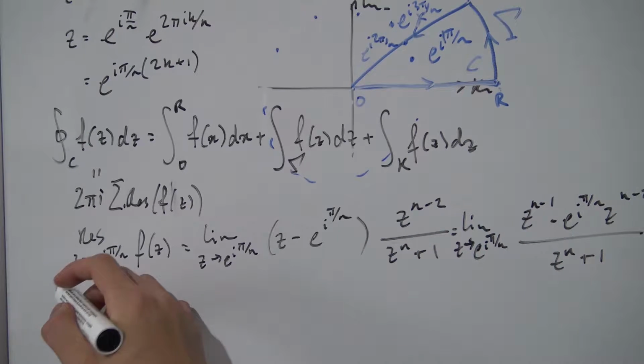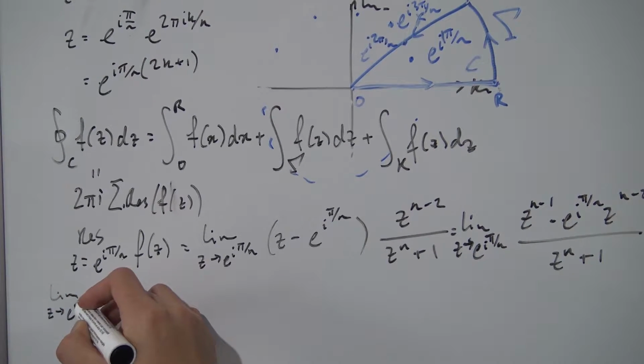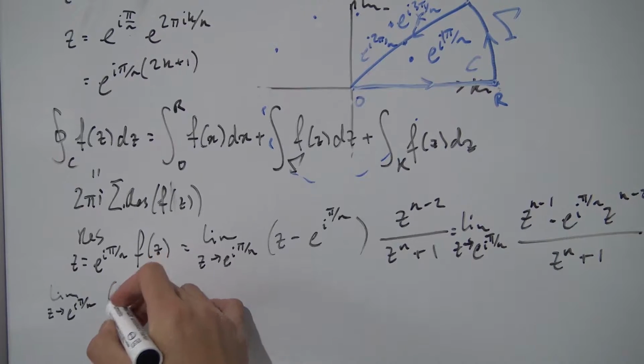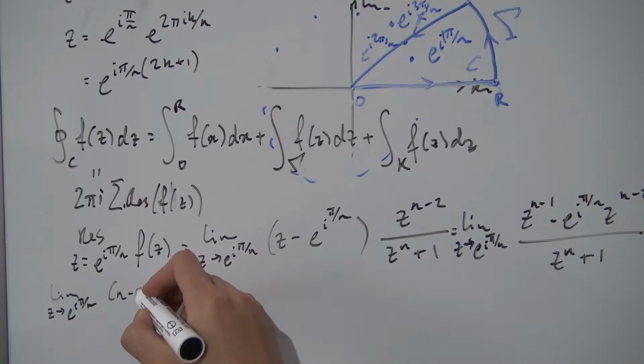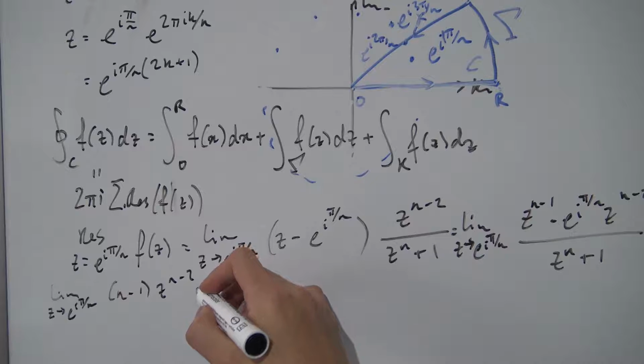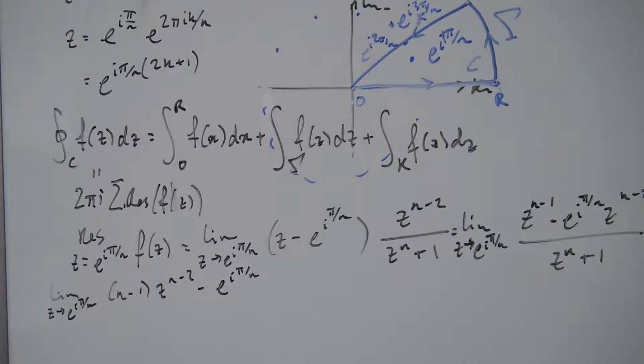So using L'Hopital's rule, now we're going to get the limit as z approaches the same pole, e to the i pi over n, of, now taking the derivative of the numerator and the denominator. So the derivative of the numerator, dragging the power down, we're going to have n minus 1, z to the n minus 2. Okay, and then we're going to have a minus e to the i pi over n, that's just a constant.